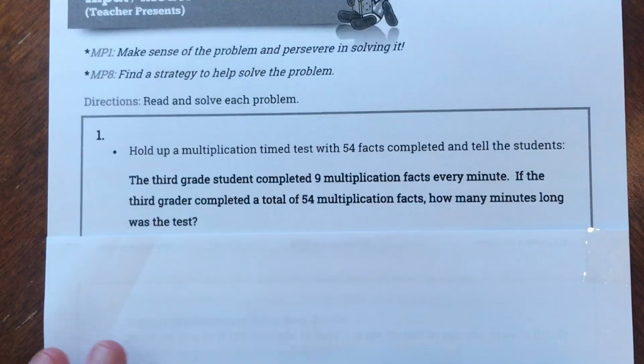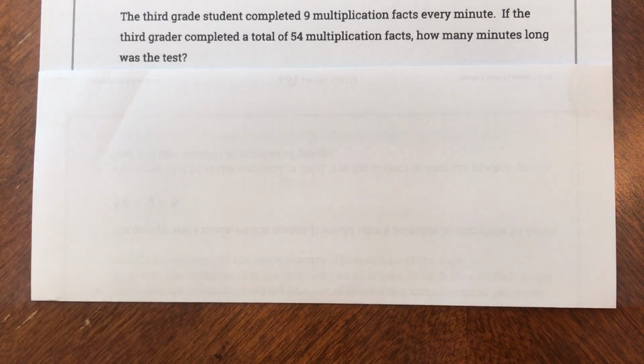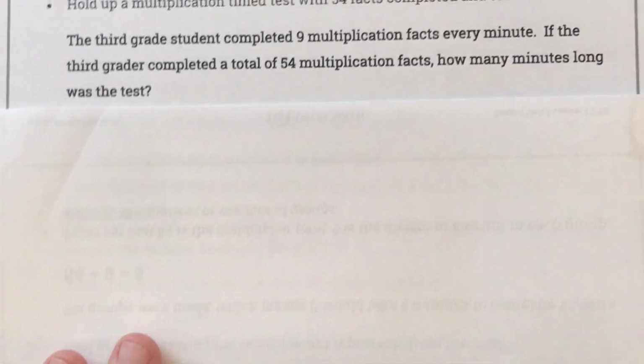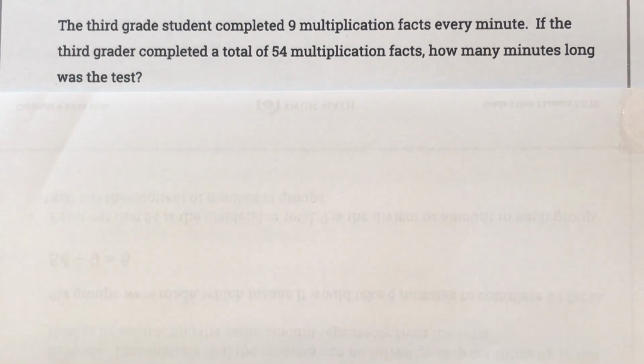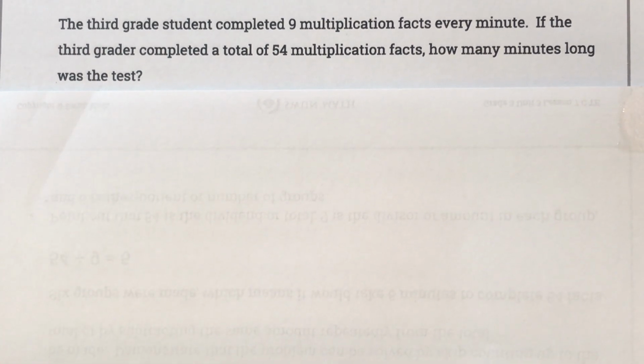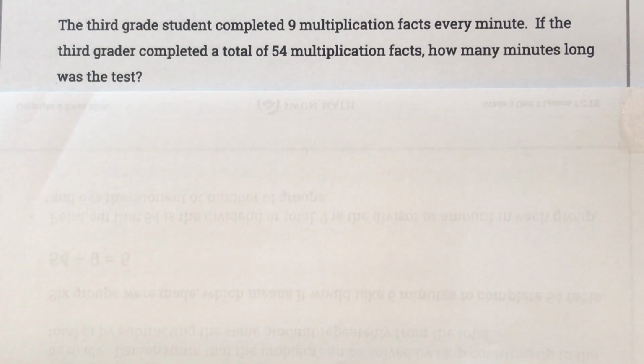Here is my first problem. It says, the third grade student completed 9 multiplication facts every minute. If the third grader completed a total of 54 multiplication facts, how many minutes long was the test?